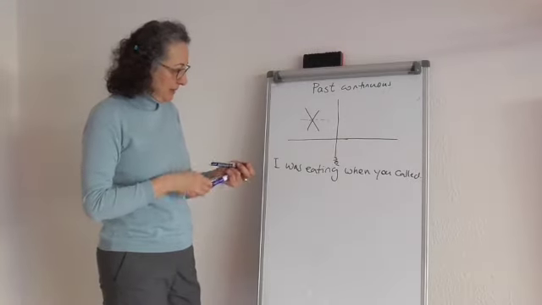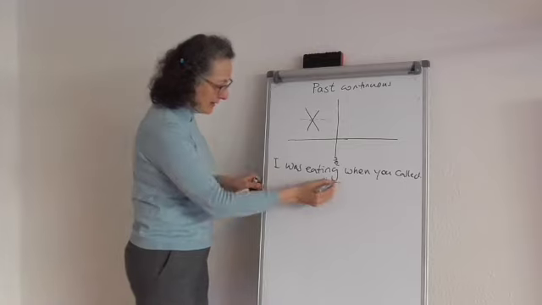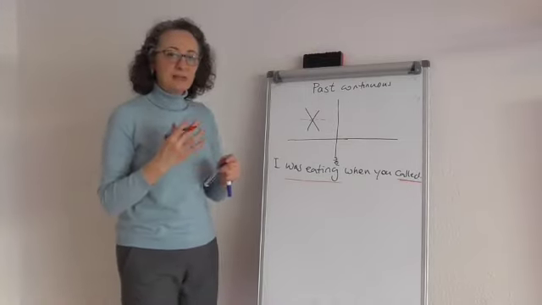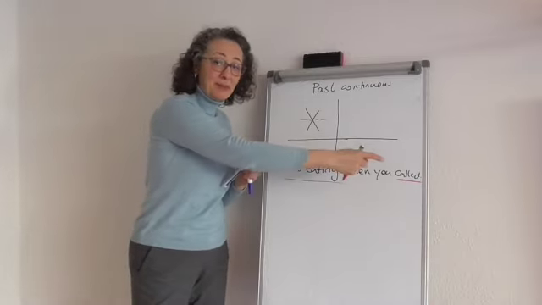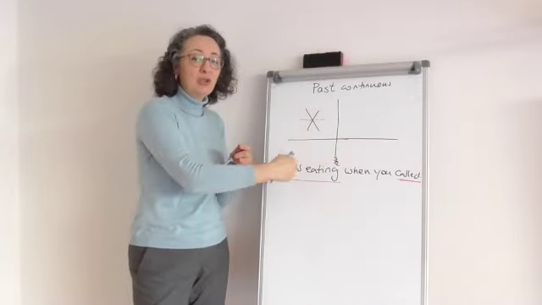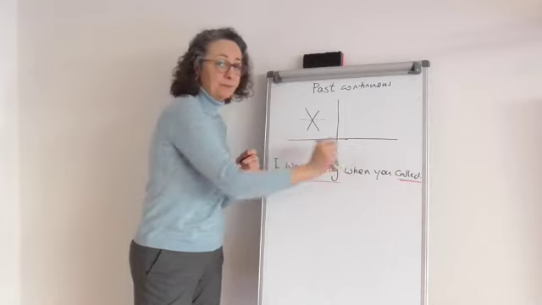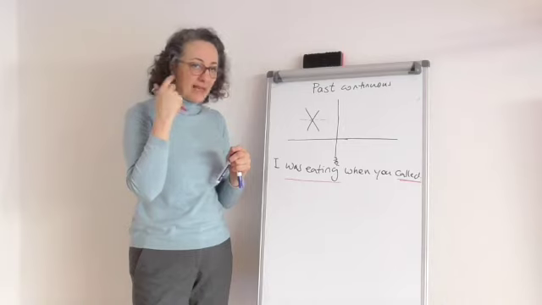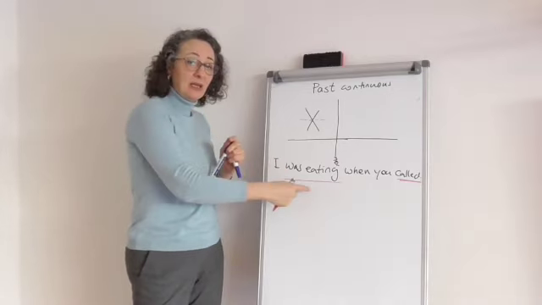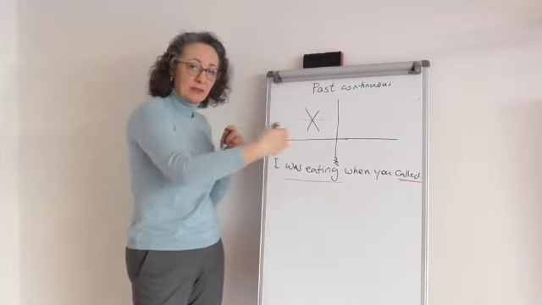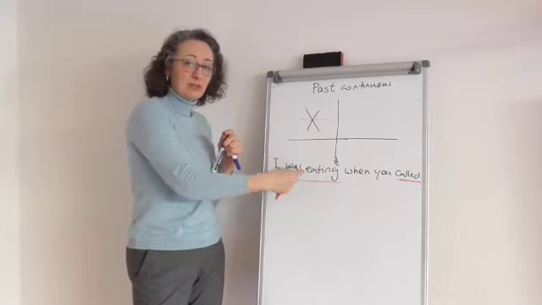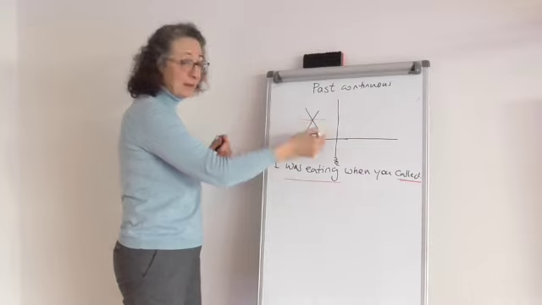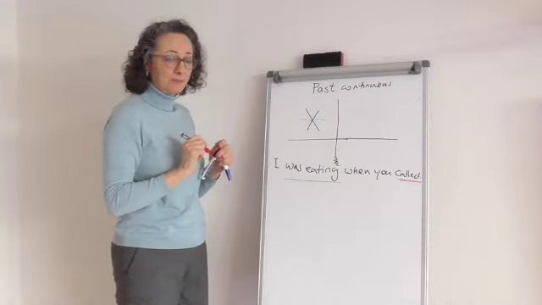So, if you compare these two actions, you can see that the action of eating, this is how you should understand it, the action of eating can happen longer than called. So, called, telephone, rang, that one is actually shorter in the time that it needs compared to eating. Alright? So, I was eating when there was an interruption, when you called.